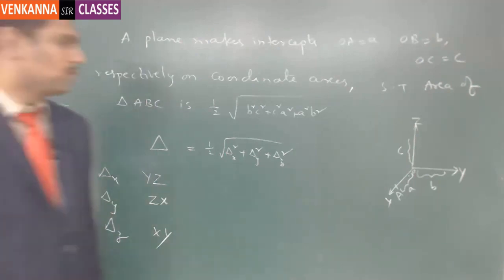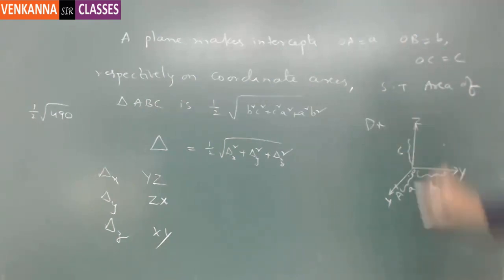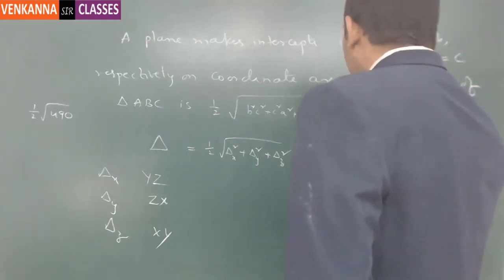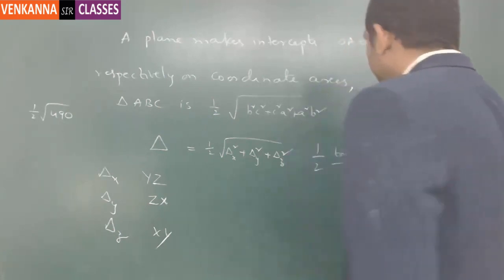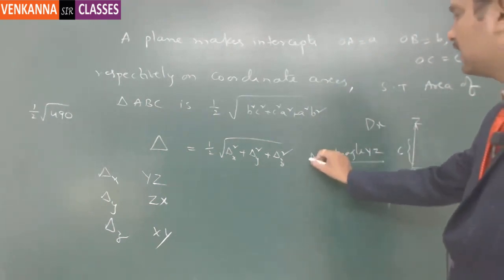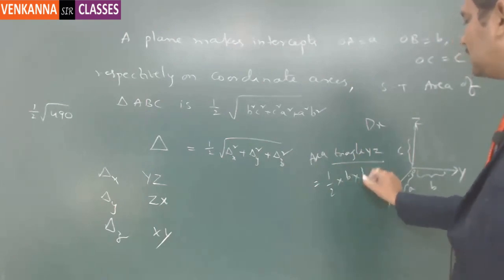So if you talk about projection, delta x, if you consider the projection on YZ plane, it is nothing but half into the triangle taken on YZ plane, the area of the triangle. So area of the triangle I will write for convenience. So half into base into height.